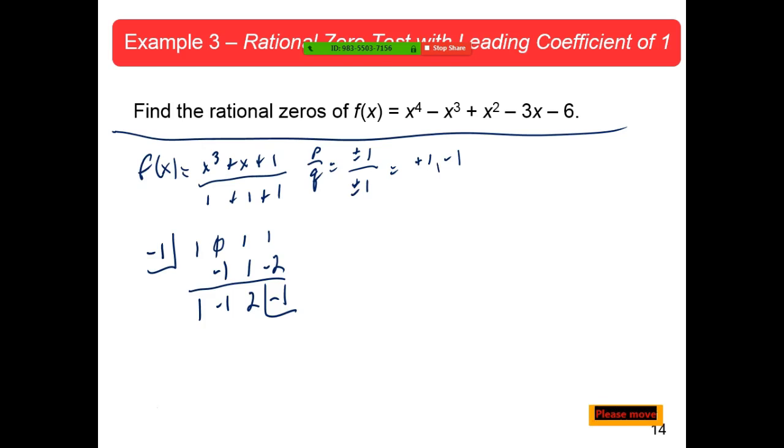Now, if you look in the book, you see it does cross the x-axis. But guess what? That's not a rational number. It's an irrational number where it crosses. But it only crosses once. What does that tell you? Because this has three complex roots, the other two have to have imaginary components in them.